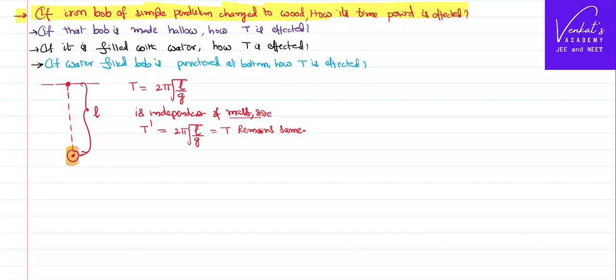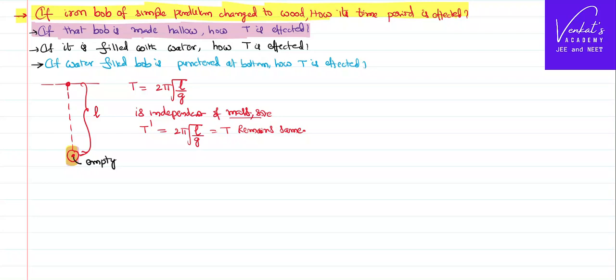That's the answer for the first question. Now the next question is this. If that bob is made hollow, how does its time period get affected? Now you make this bob hollow, that means empty it up. Let's just remove everything and instead of the sphere, you put an empty shell, an empty ball, something like a plastic ball with no content inside.